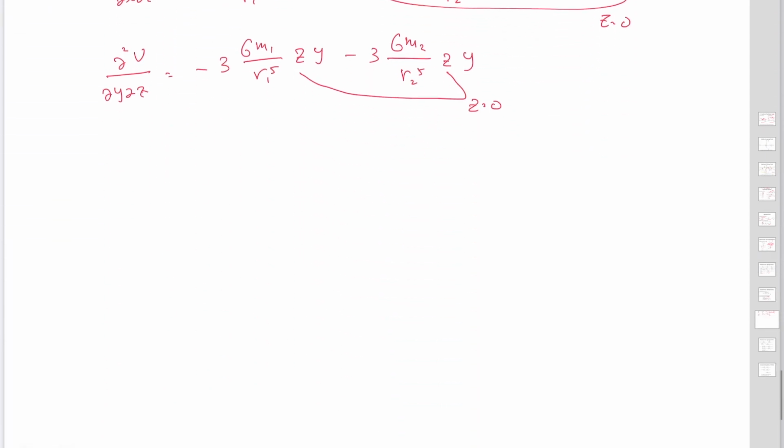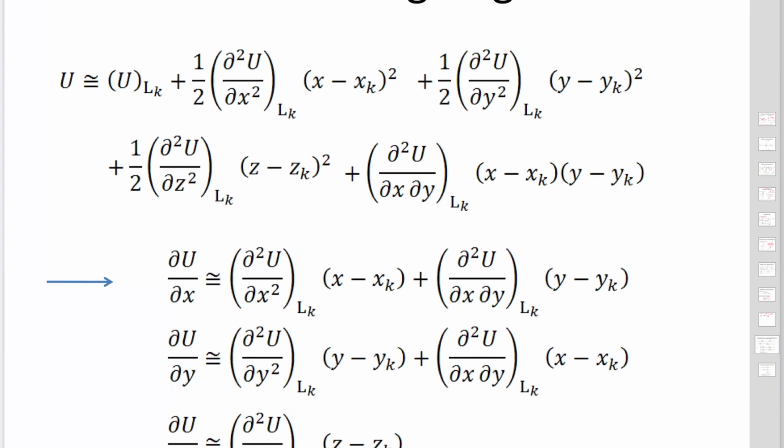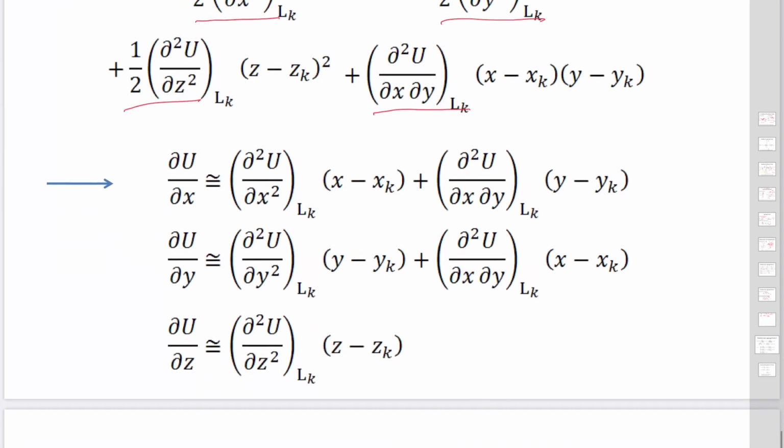Then we substitute. The potential, we just keep several terms. The first derivative term is going to be gone. The second derivative we have, and the second partial derivatives with respect to x, y. Then you can calculate the partial derivative of U with respect to x, y, z.